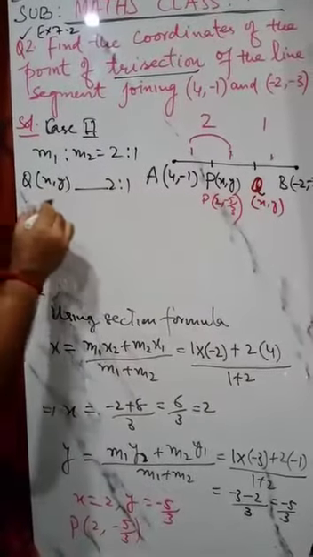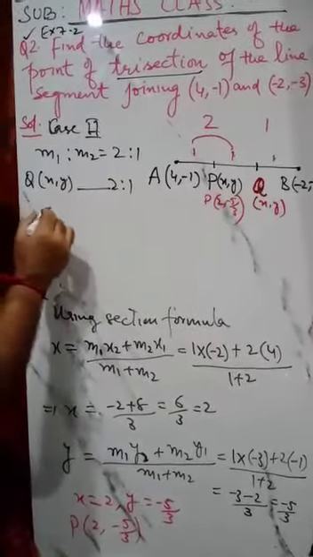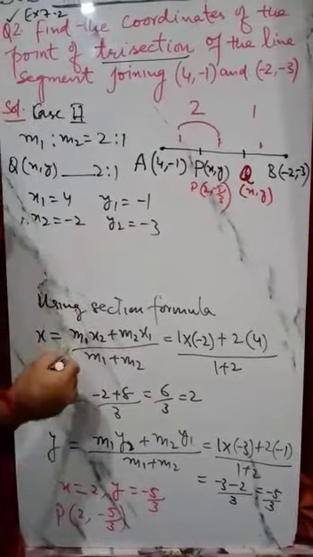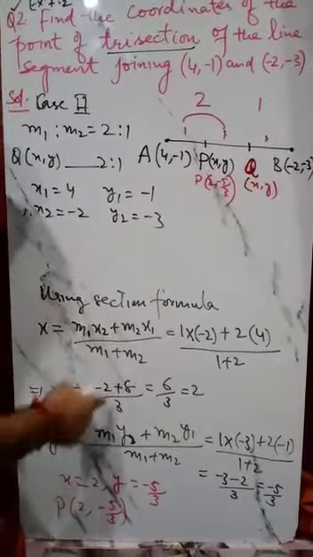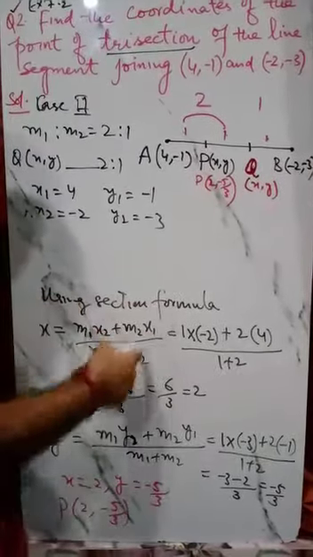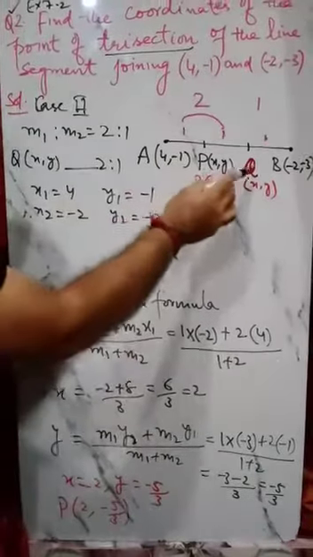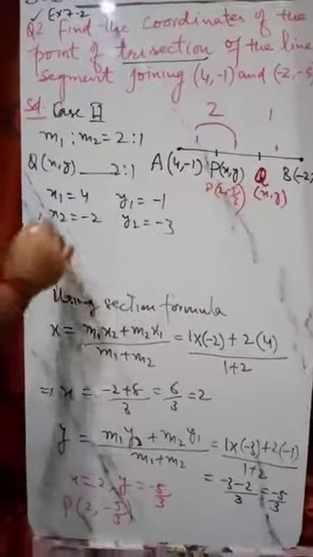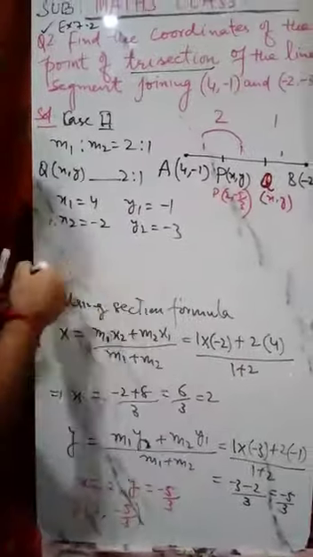Again we have x1 same, that is 4, x2 same, that is -2, y1 is -1, and y2 is -3. Again you will put the values of x and y using the section formula and get the value of Q(x, y). You will try case second yourself.